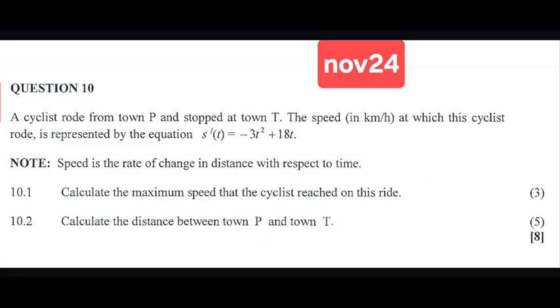Note that speed is the rate of change in distance with respect to time. The first question says calculate the maximum speed that the cyclist reached on this ride.